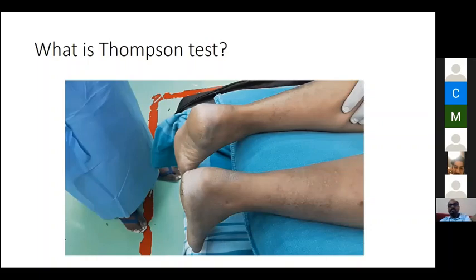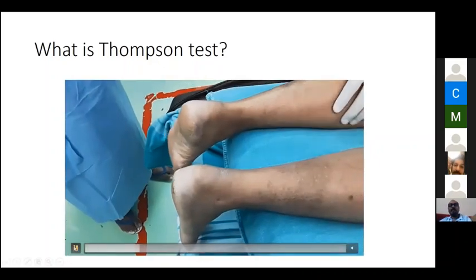The foot on which the hand is placed appears okay, and on the opposite foot there is some edema over the lower leg and calf region, and the foot is in neutral position. So which is the problematic one, the one with the hand or without the hand? The one without the hand. Very good.